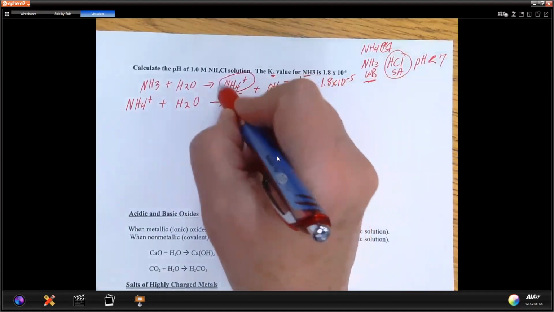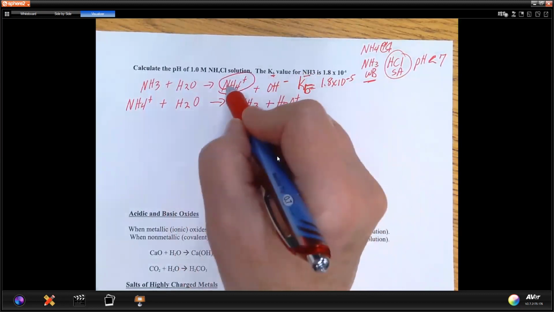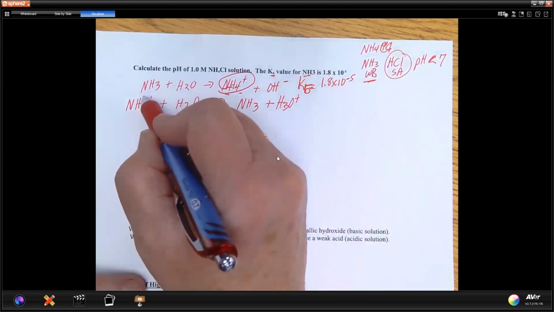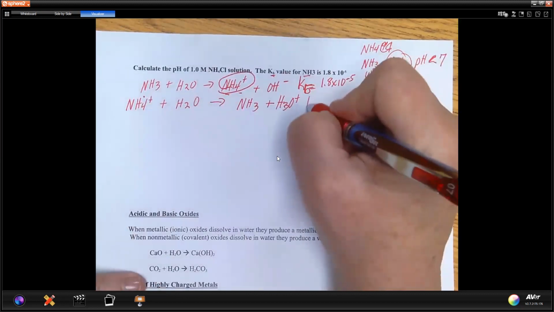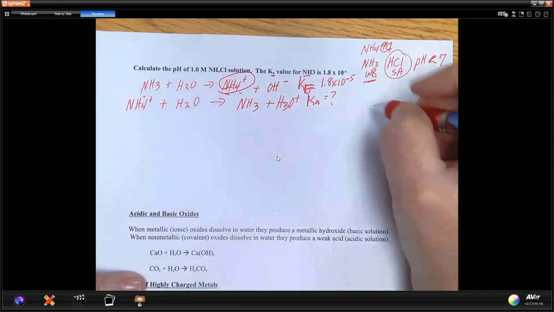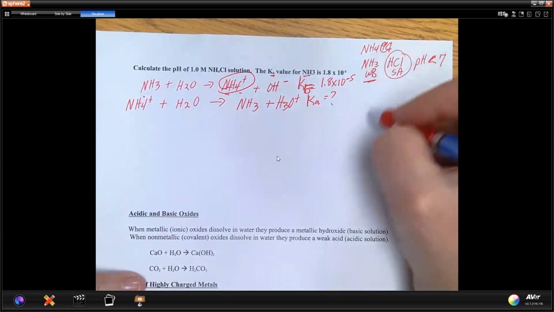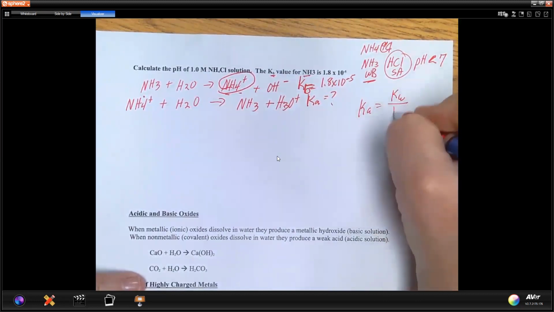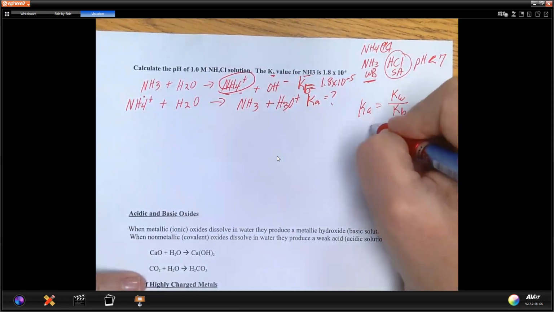I took the conjugate acid of that problem, and that became the reactant for my next one. So that means I need a Ka right here. So once again, I'm going to do that same little trick using that same formula. Let's say Ka is equal to Kw divided by Kb.